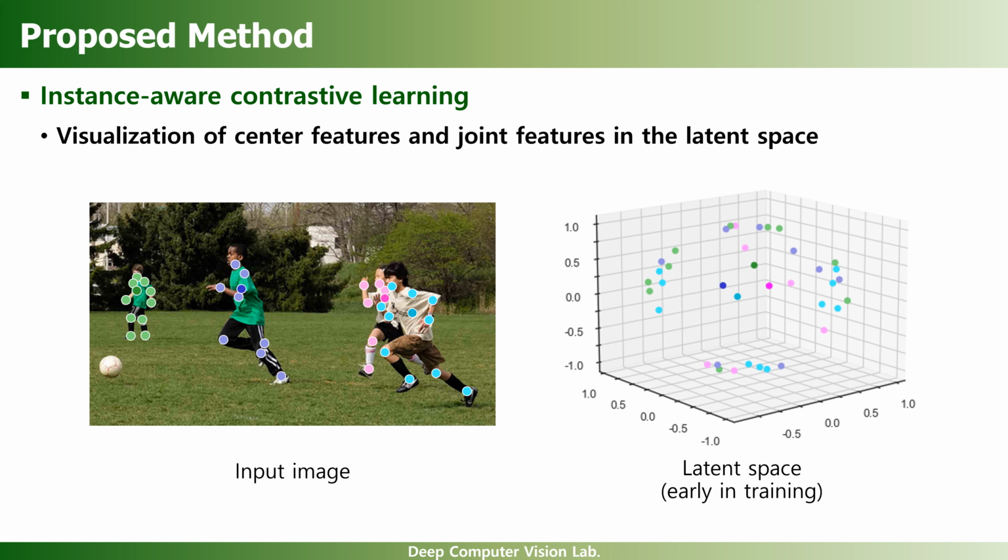Now, let's see how the distribution of center and joint features changes in the latent space as training progresses. The example input image with circular color marks is shown on the left. Dark colors indicate body center positions and bright colors indicate joint positions of each person. As illustrated on the right side, feature vectors are irregularly distributed in the early stage of training.